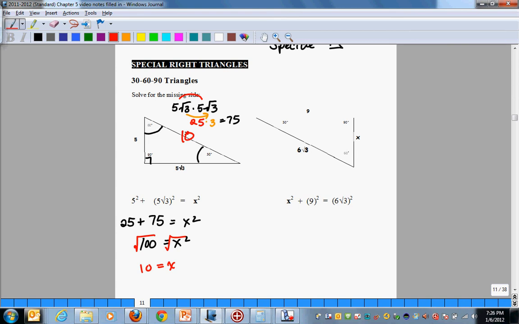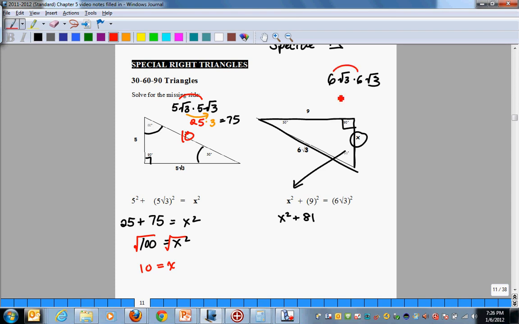Here's another scenario. Let's say we have a side that's 9, an unknown side that's x, and our hypotenuse is 6 root 3. We're going to solve using x squared plus 9 squared equals 6 root 3 squared. This is x squared. This is 81. 6 root 3 times 6 root 3: outies, 36. Innies times 3.